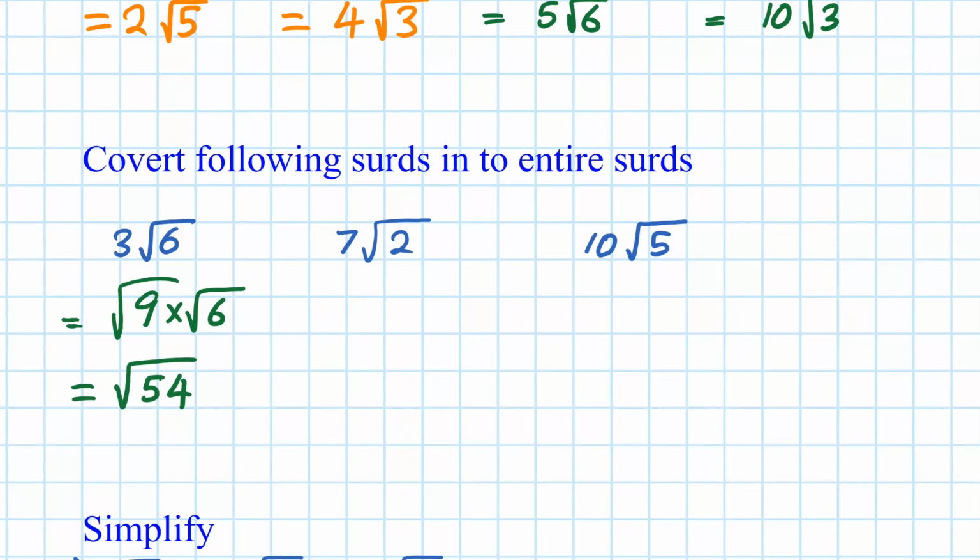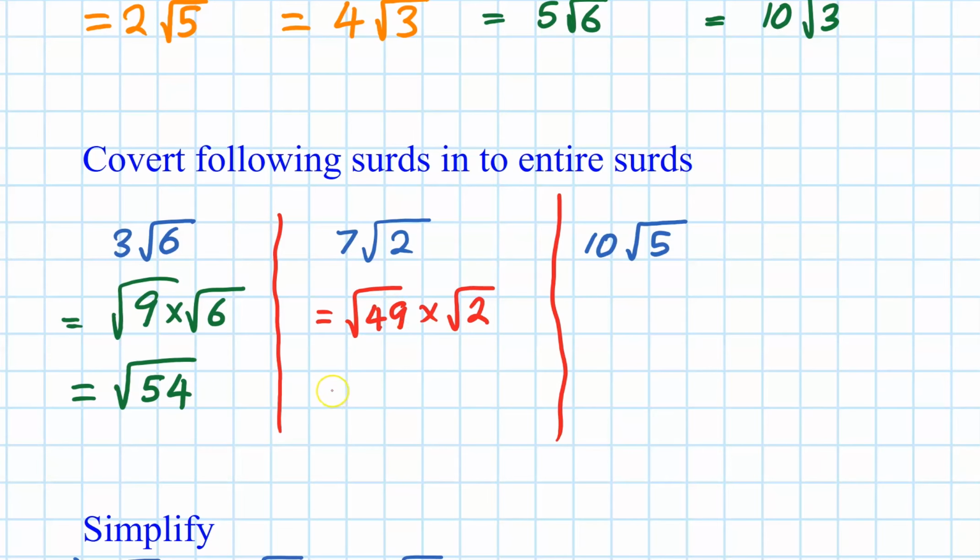Let's do the same here. Put a different color. Second section here. What do I write for 7? What square root is 7? Well, 49. That's why we need to remember these perfect squares. 49 times 2 is 98. The easy way to multiply: 2 times 50 is 100, take 2, 98.